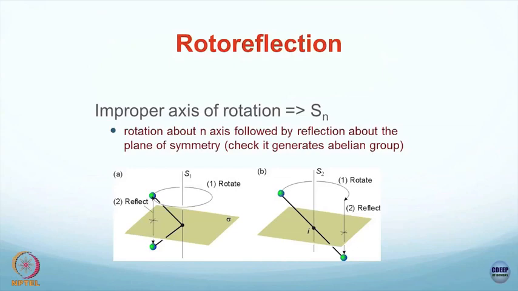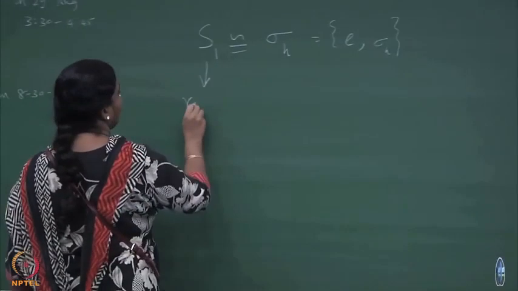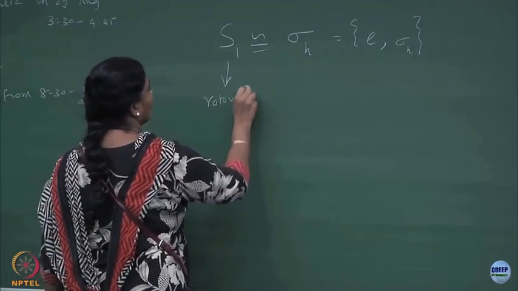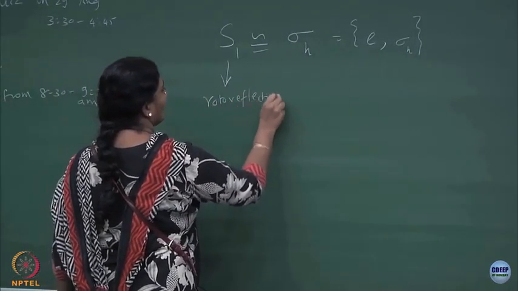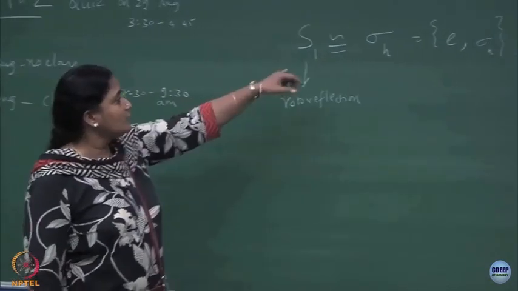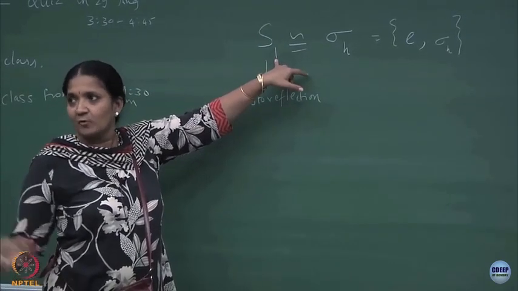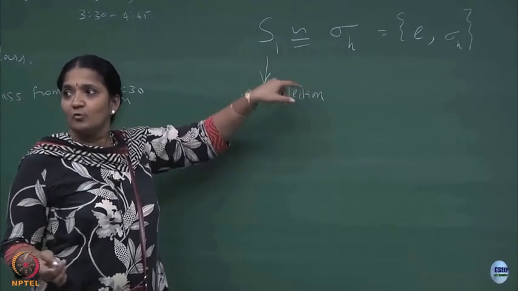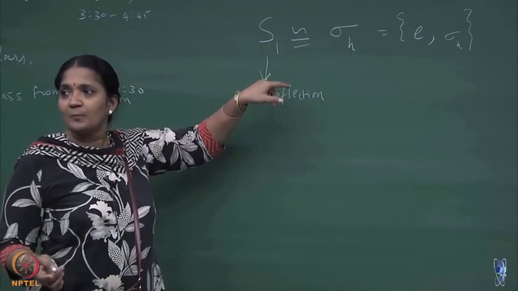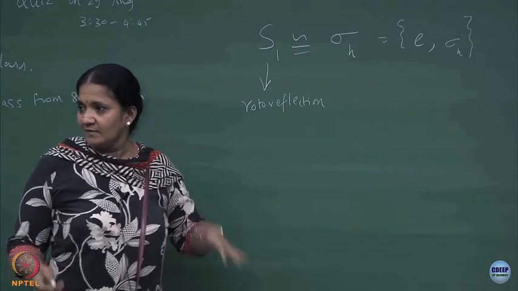S1 is a rotoreflection, and this 1 denotes rotation by 2 pi by 1, which is a 2 pi rotation, and then you do a reflection on a plane which is perpendicular to the axis. Is that clear?